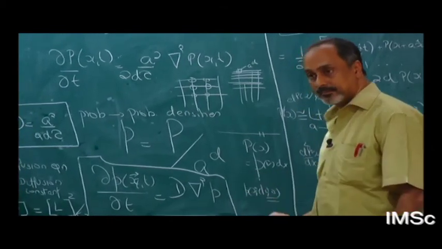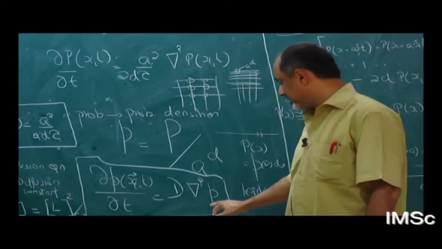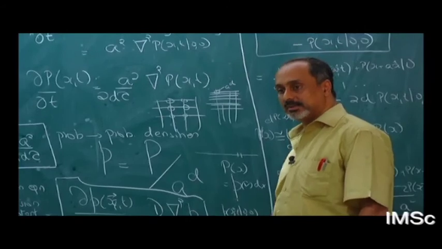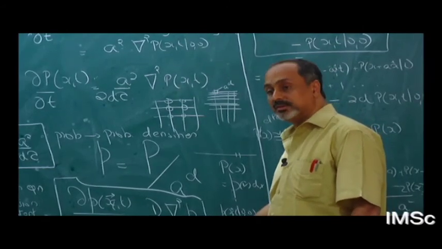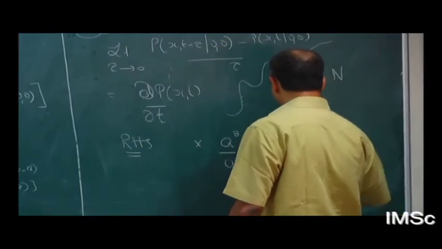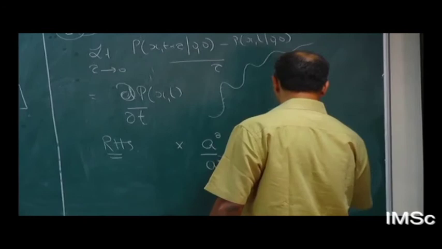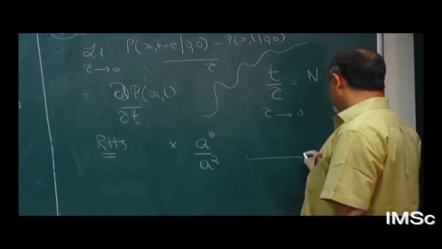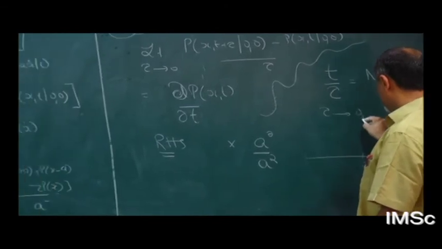What does this equation tell us? This equation is now an equation for the probability density. Given an initial probability density p of 0, 0, this tells you how it changes. So a simple physical way of describing it is that suppose I have my random walker who is diffusing. Suppose this is the position in one dimension x, this is my origin, and I am looking at what happens at time.